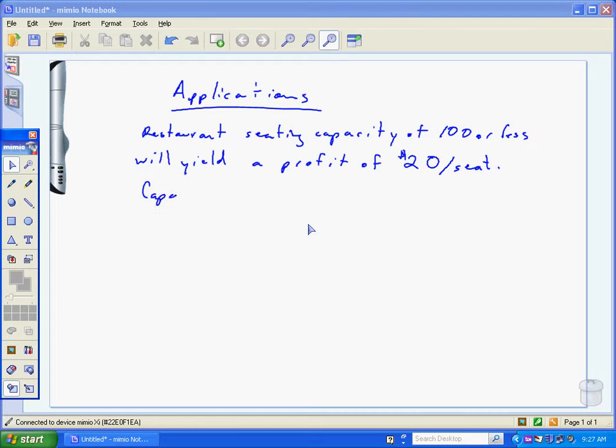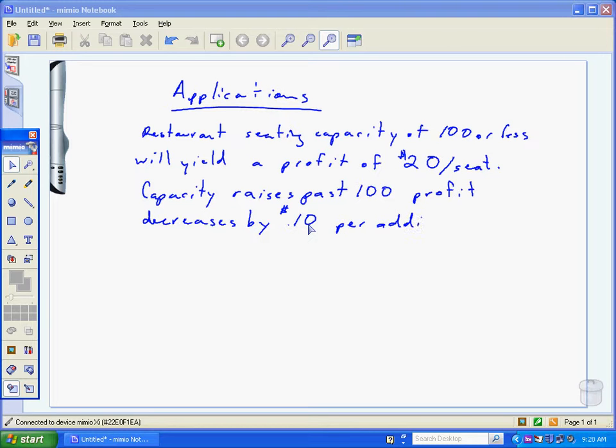So if the capacity raises past 100, profit decreases by 10 cents per additional seat.